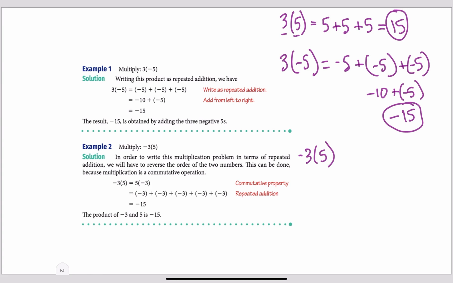So let's say I rewrite it because of the commutative property of multiplication. I know I can rewrite multiplication as the reverse order, and it's still the same result. And then I can think of this as 5 negative 3's all added up.